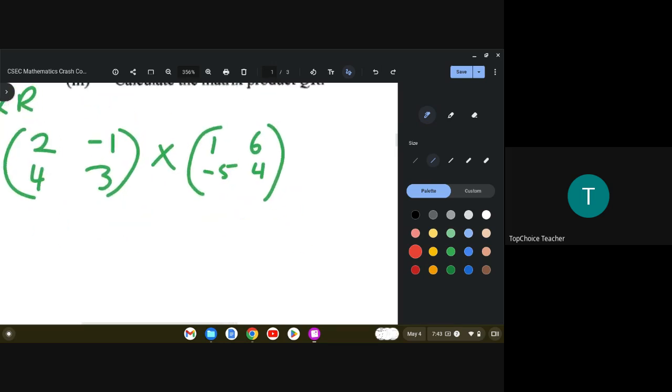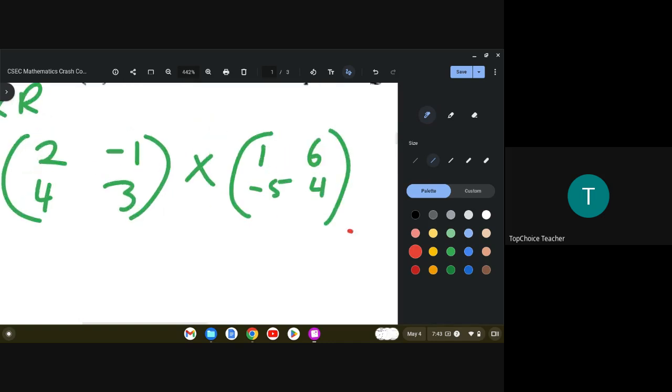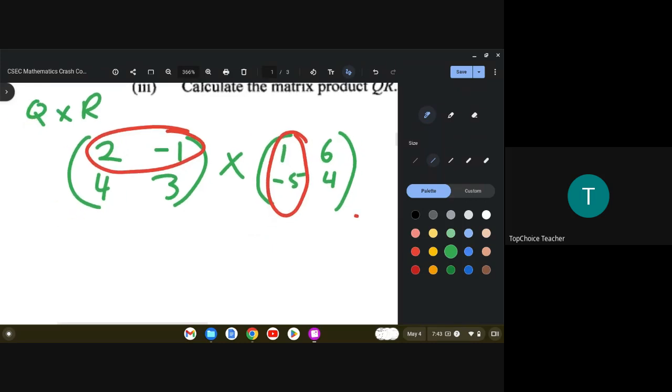So let's see if we can make sense of what I said there. When you multiply a matrix, let's look at the first row and the first column. What you do there, and I'll write it below, you have to multiply the first element in the row by the first element in the column.